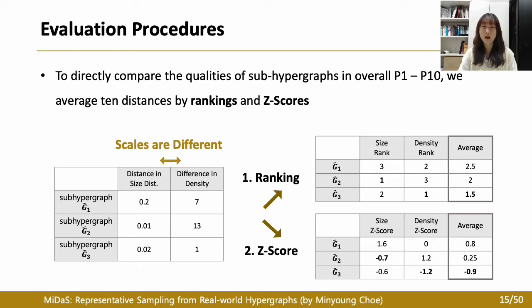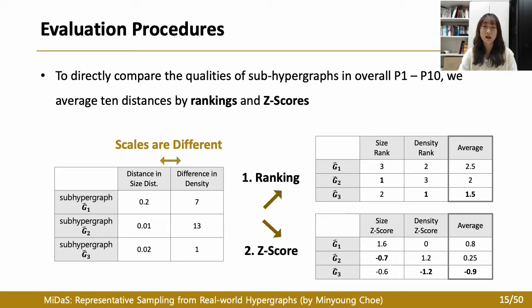What we did can be explained more clearly in the given figures. The distance in size distribution is more than 10 times smaller than the difference in density. So, if we simply average them, the difference in density mainly accounts for the average of these two values.